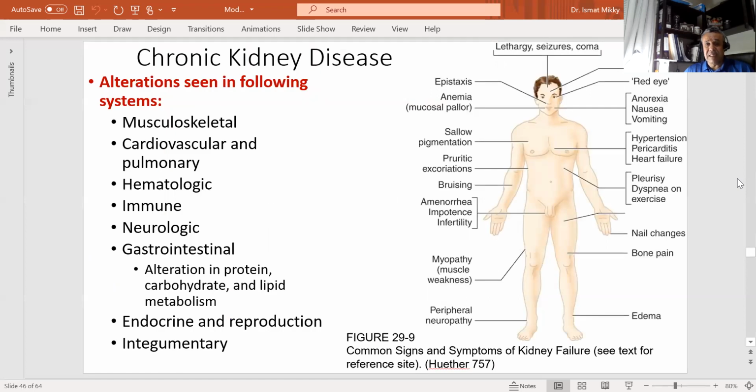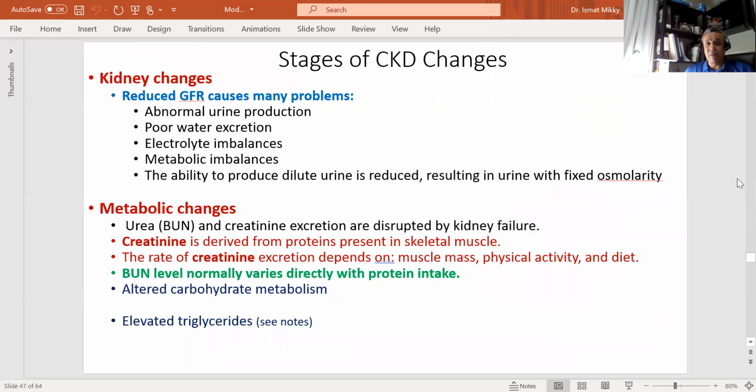So this slide explains the severity of the detrimental effect of kidney failure, because it results in multi-system problems or dysfunctions. The manifestations will encompass all the systems. The patients will have problems with acid-base balance, metabolic changes, and sodium and potassium levels.